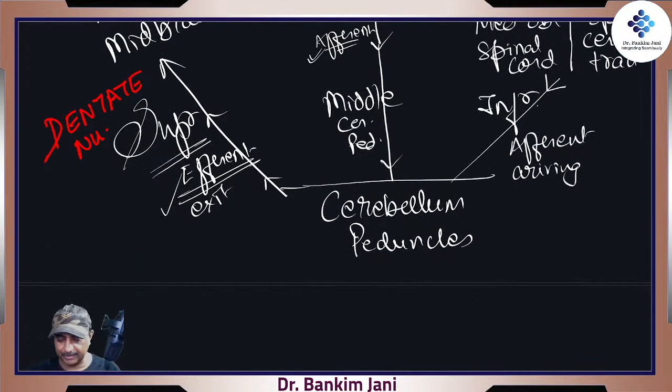All these peduncles have some extra names also. For example, the superior cerebellar peduncle is also called the brachium conjunctivum.